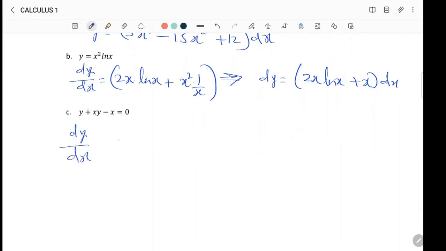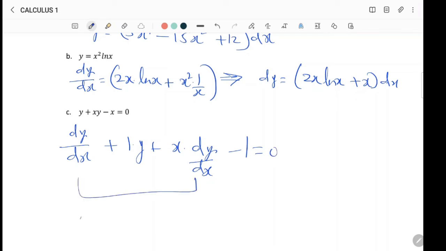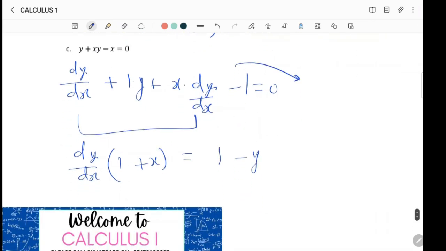Differentiating y: x gives 1, y stays as it is, x stays as it is, y times dy/dx, minus 1 equals 0. So take dy/dx common. Here we will get 1, from here we will get x, minus 1, take that side, plus 1, and on the right side minus y.